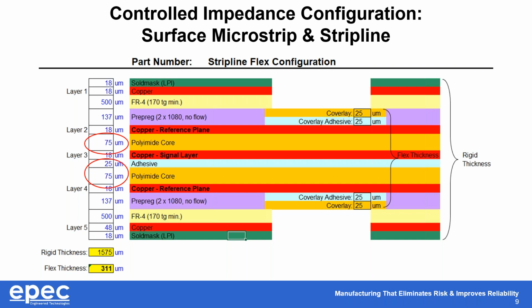But a key element here is, while previously we had 1 polyimide core at 50 microns or 2 mils, in this case we have 2 layers of 75 micron 3 mil cores plus a layer of adhesive at 25 microns in order to create a stack up that will then provide the 100 ohm differential impedance lines on layer 3. So this is a significant increase in thickness.